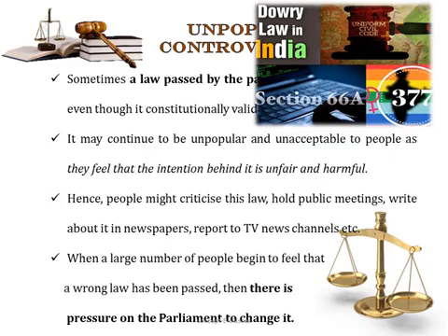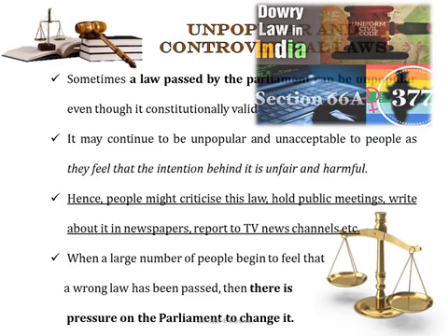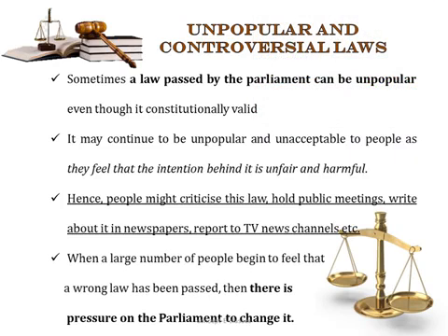The people might criticize such a law, hold public meetings, write about it in newspapers, and report to TV channels, etc. And when a large number of people begin to feel that a wrong law has been passed, then there is pressure on the parliament to change the law.